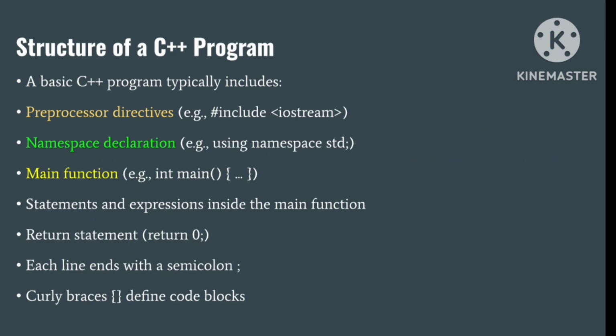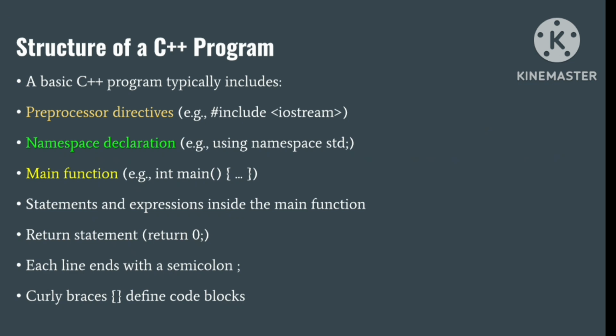So first, let's learn what the structure of a C++ program is. A basic C++ program typically has a preprocessor directive, a namespace declaration, and a main function. In the preprocessor directive we include some predefined header files, such as include iostream. iostream is a header file which contains all the features for input and output.